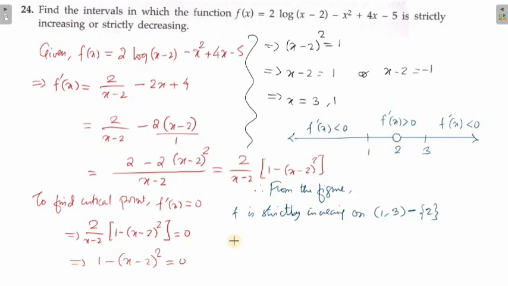And f is strictly decreasing on this interval, which is minus infinity to 1, union with this interval, which is 3 to infinity.